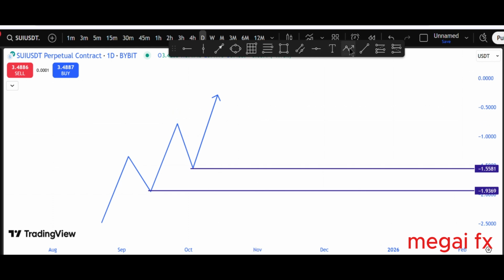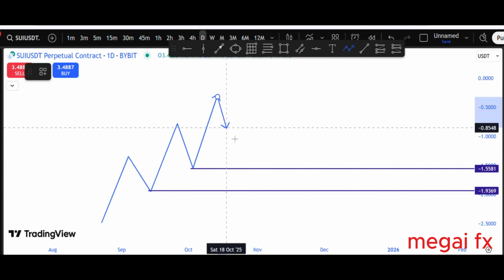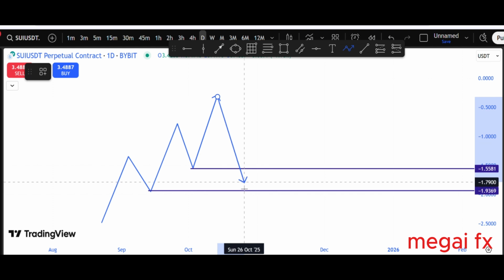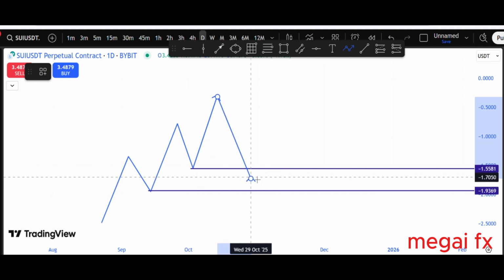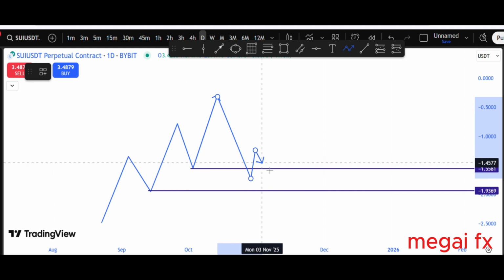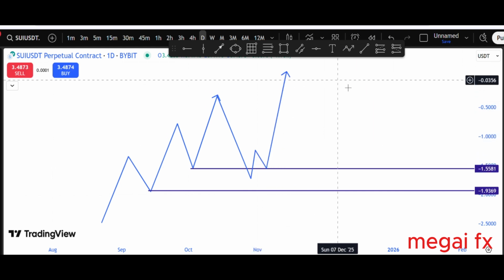Then if the market comes back like this, sweeps this old low and closes above, you understand? On retest, I take the trade.